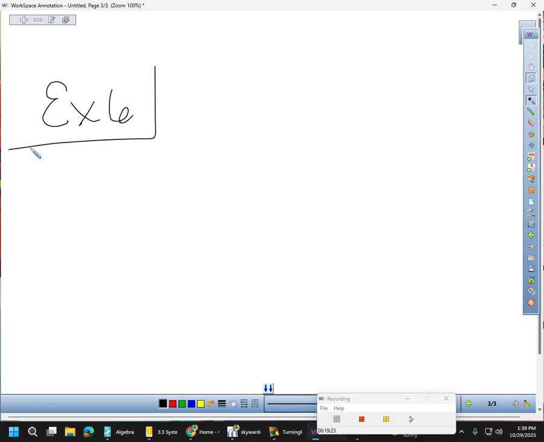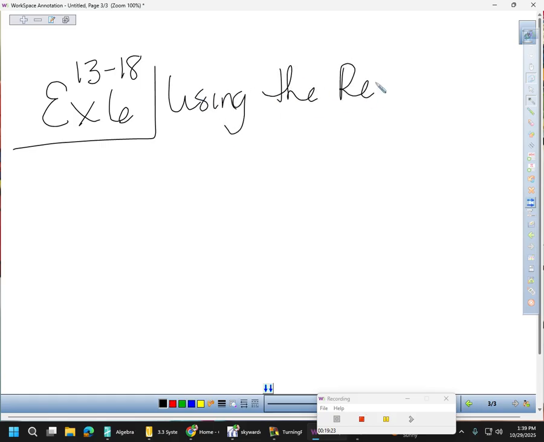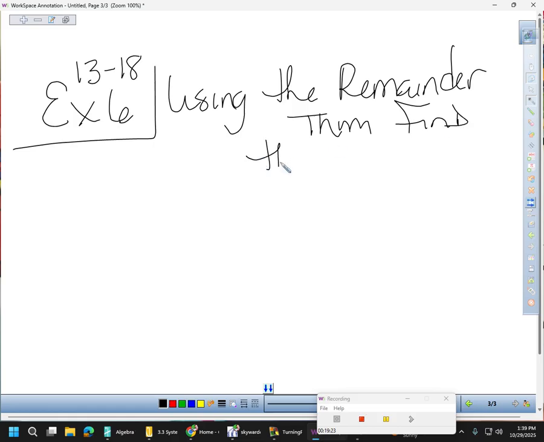This is 13 through 18. Using the remainder theorem, find the remainder.